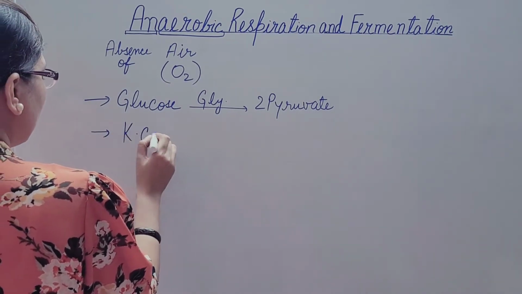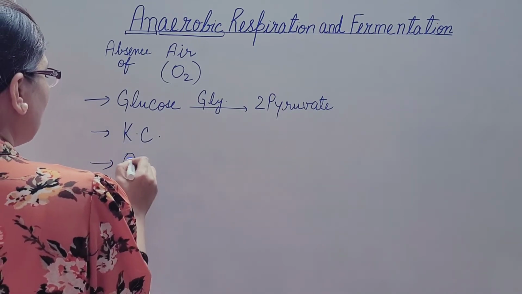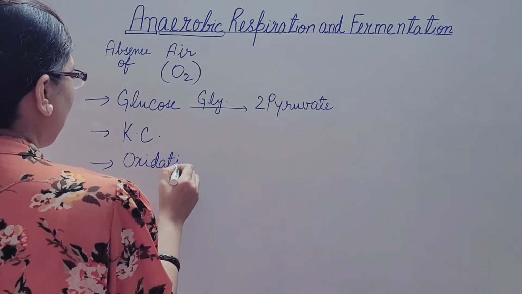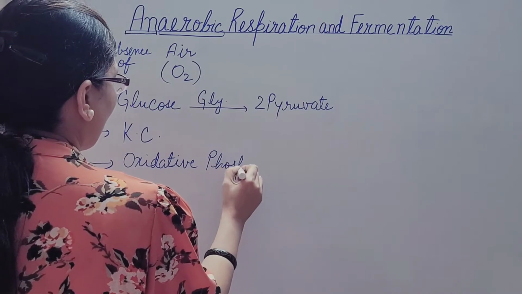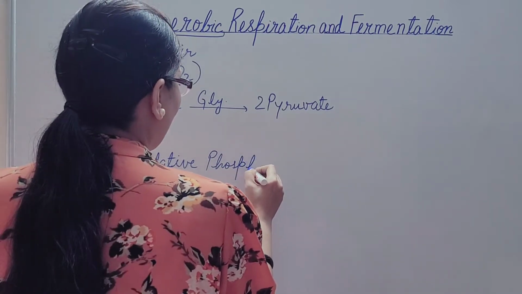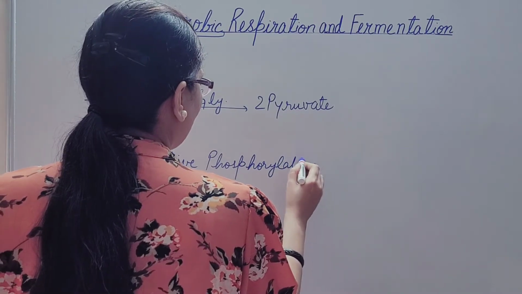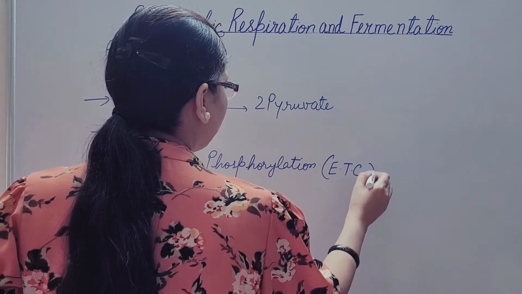Then takes place Krebs cycle and then oxidative phosphorylation, which involves the electron transport chain.